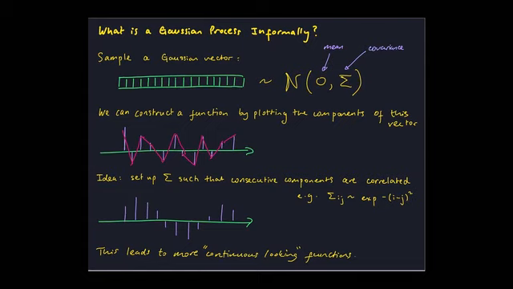But in this picture, it's not that great, because neighboring points on the x-axis are not correlated with each other. And usually if I have a nice function, I want nearby points to be similar to each other. So I'm going to choose a covariance matrix with a special structure, so that the covariance of neighboring entries in the vector is very correlated.